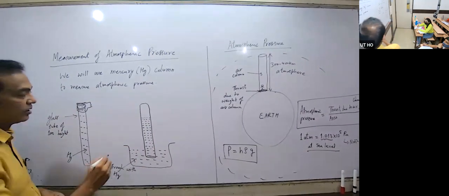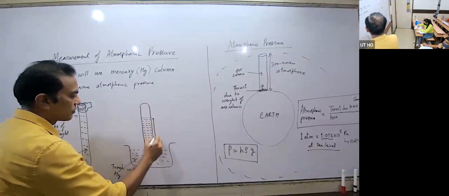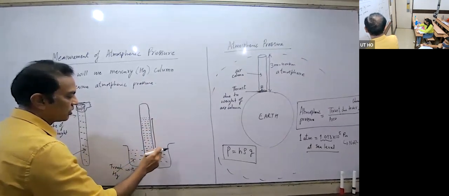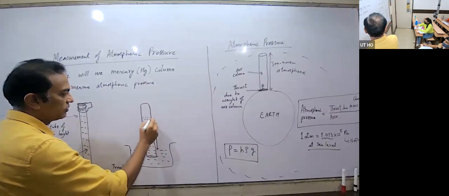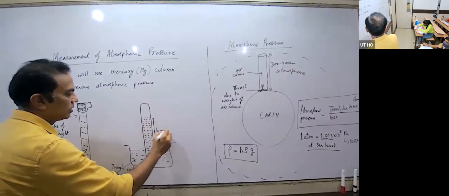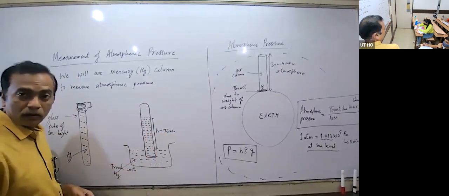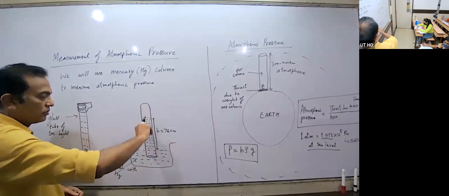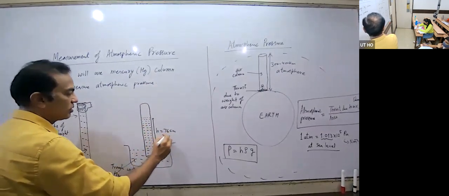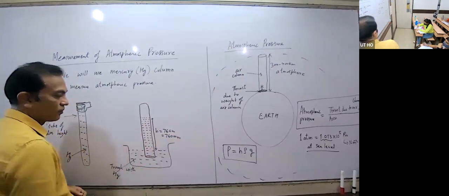When this was measured from the level of the free surface in the trough to where it stopped, this height comes to be 76 centimeter. Are you with me? Which is nothing but 760 millimeter.